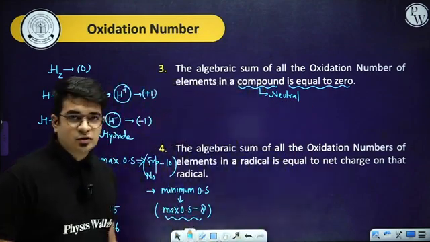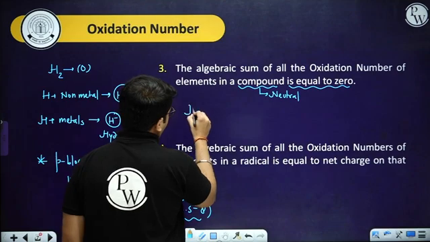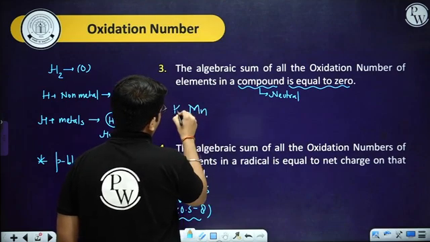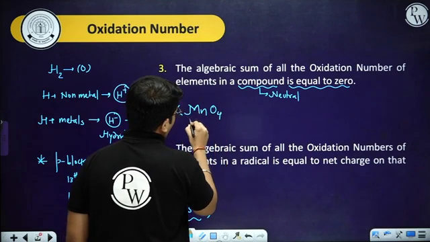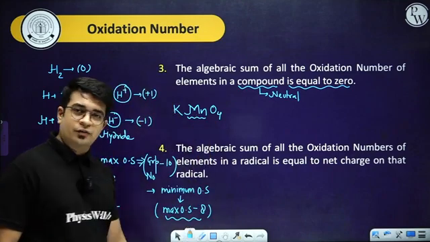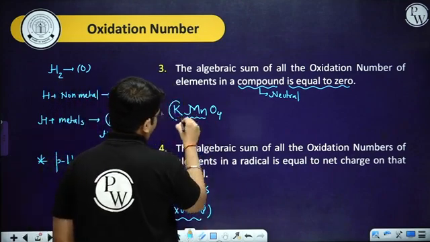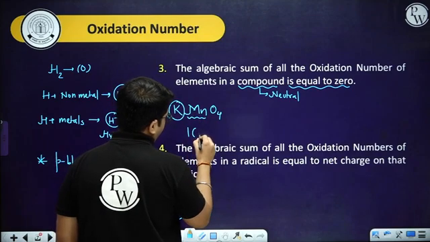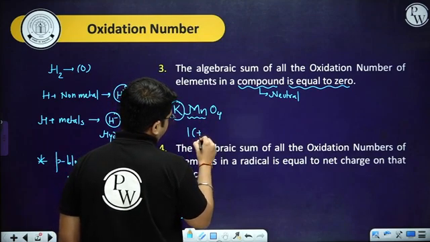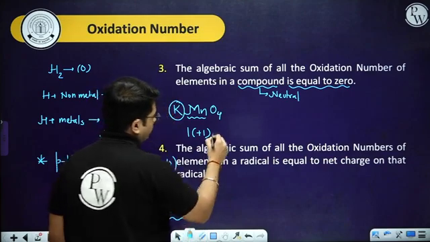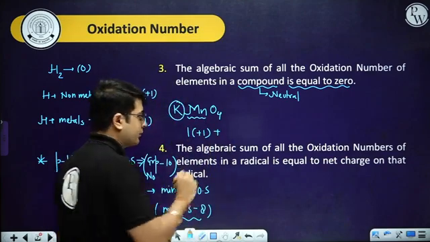So that part will be 0. For example, if I am taking KMnO4 and I want to calculate the oxidation state of Mn. So how can I say? Okay, I can say that the number of atoms of potassium is 1 multiplied by the oxidation state of potassium, +1. The number of atoms of Mn is again 1.